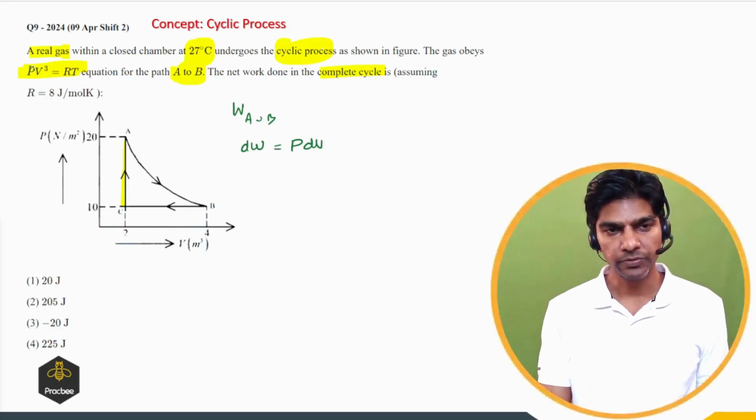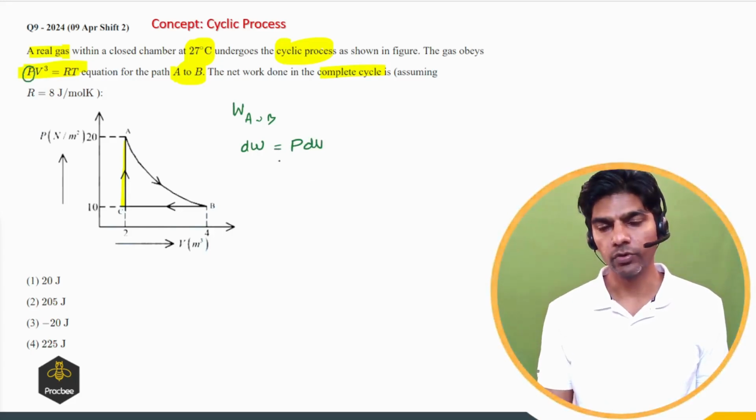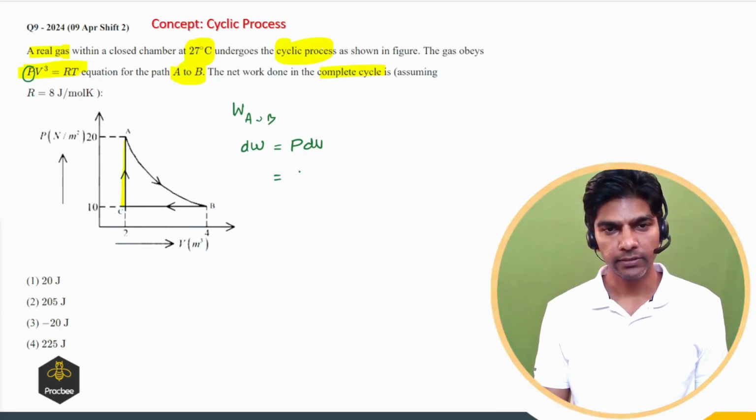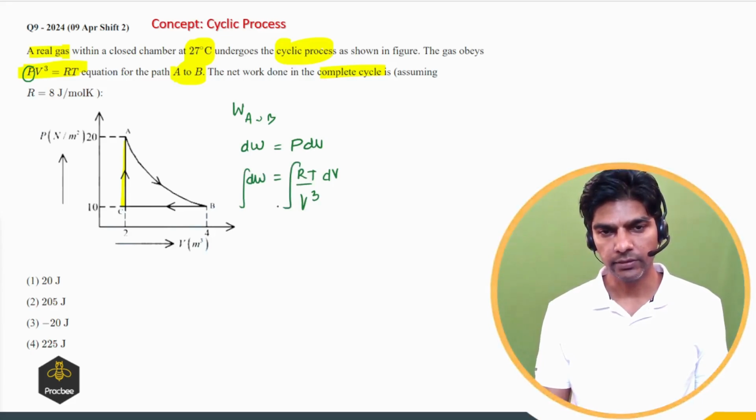I will substitute P in terms of temperature and volume, so this can be written as RT upon V cube times dV. Then we can integrate this, and we know the change in volume: volume is changing from 2 to 4 meter cube. So from 2 to 4, we can solve this integration.